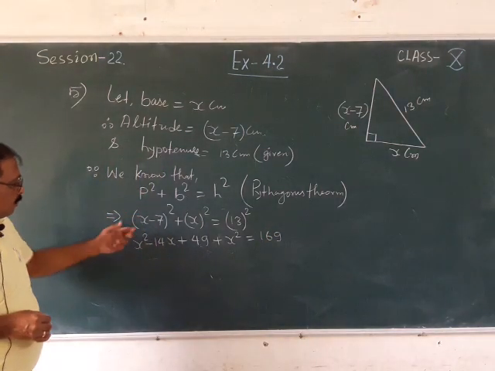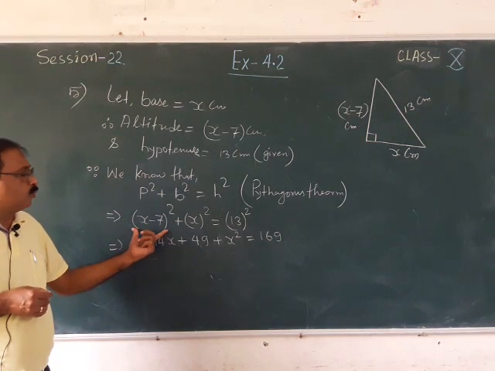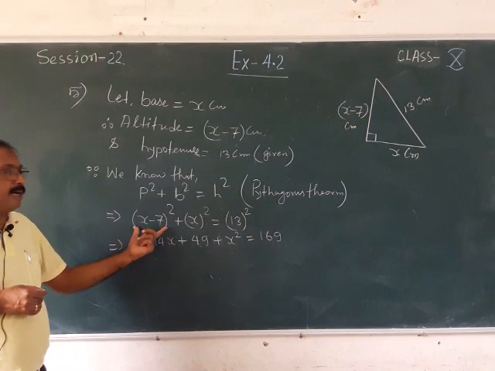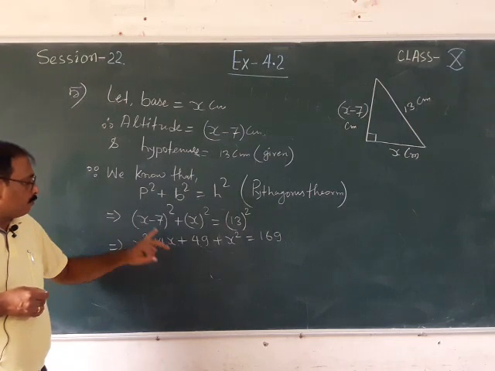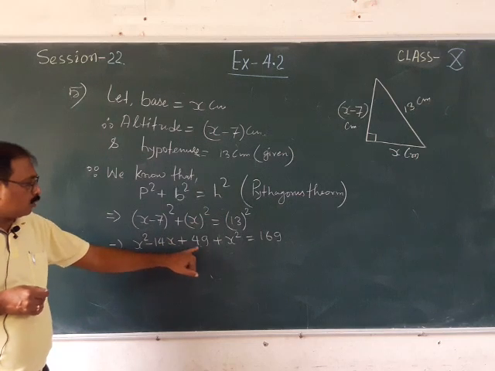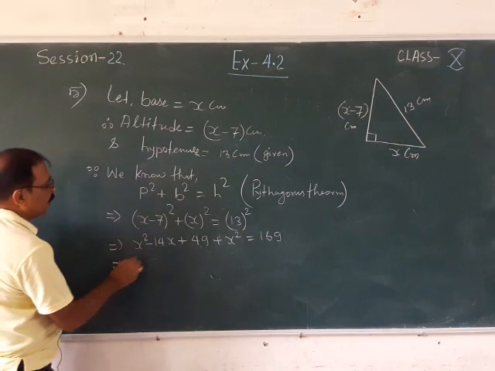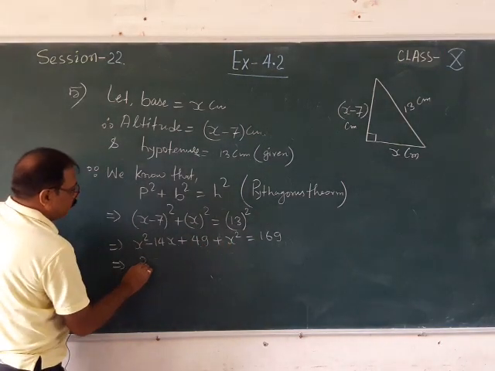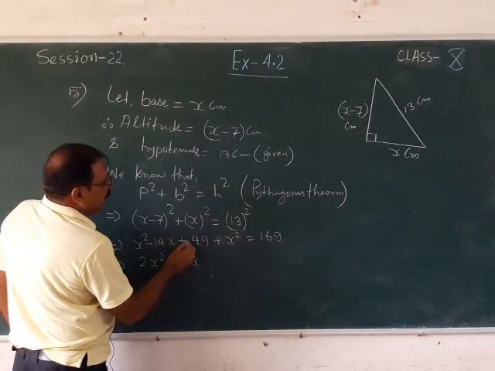You can expand this using the formula: x minus 7 whole square means x square minus 14x plus 49, and plus x square. So x square plus x square becomes 2x square minus 14x plus 49.